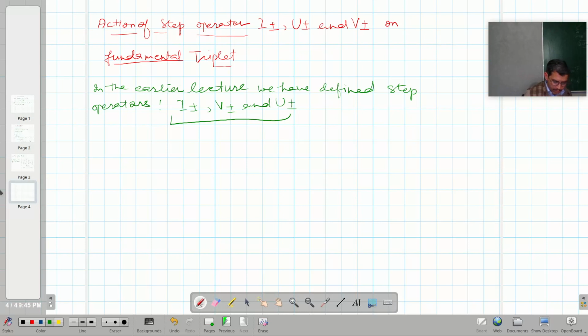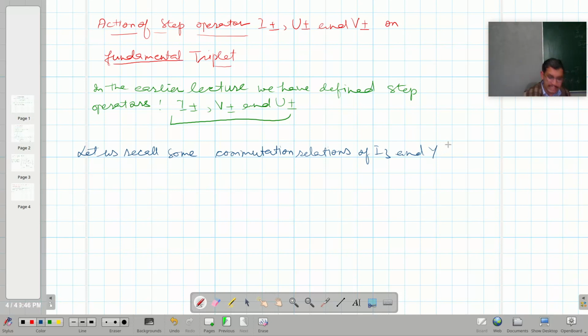So let us recall some relations. Let us now recall some commutation relations of I3 and Y with these step operators.